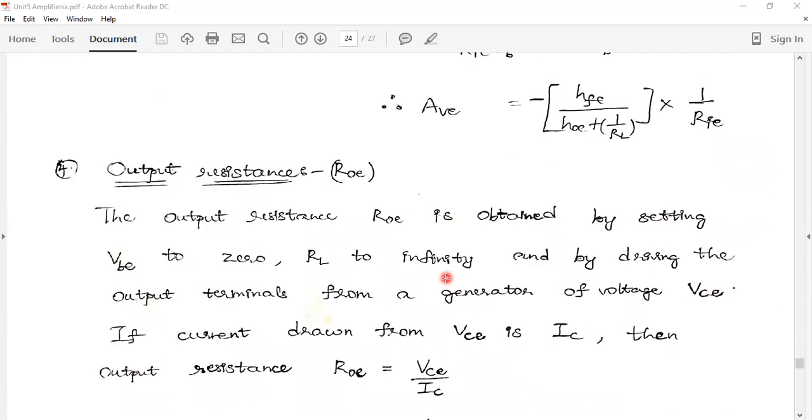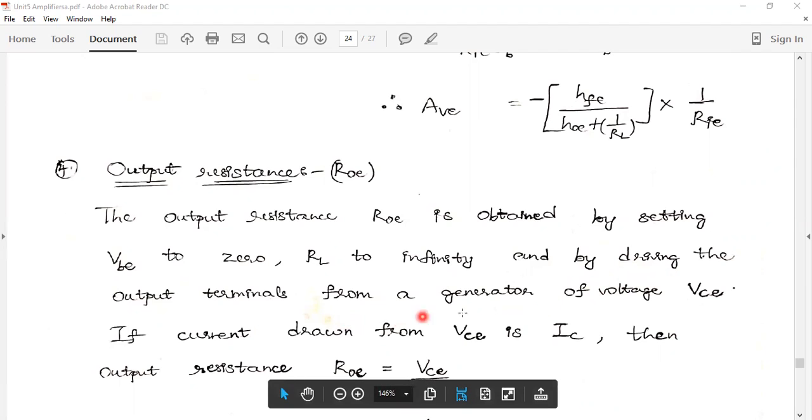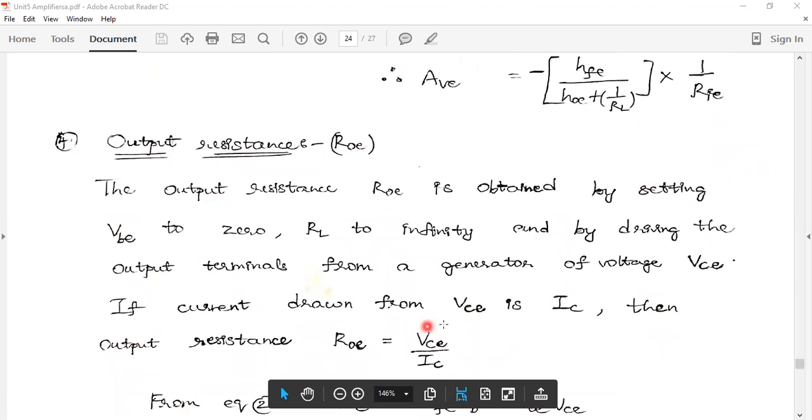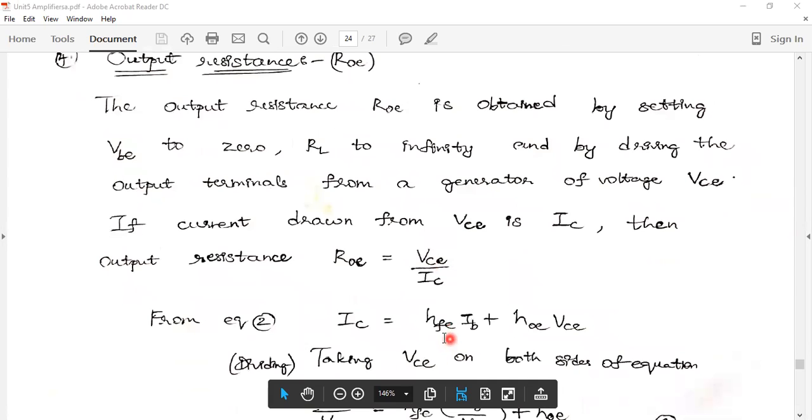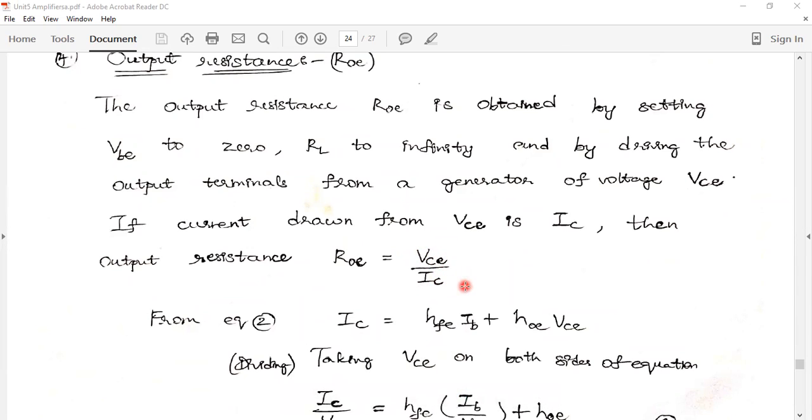That means the output resistance is going to be a very high value, and by driving the output terminals from a generator of voltage VCE, if the current drawn from VCE is IC, then output resistance ROE is given by VCE by IC. This is the output resistance: VCE is the collector output voltage and IC is the current at the collector.